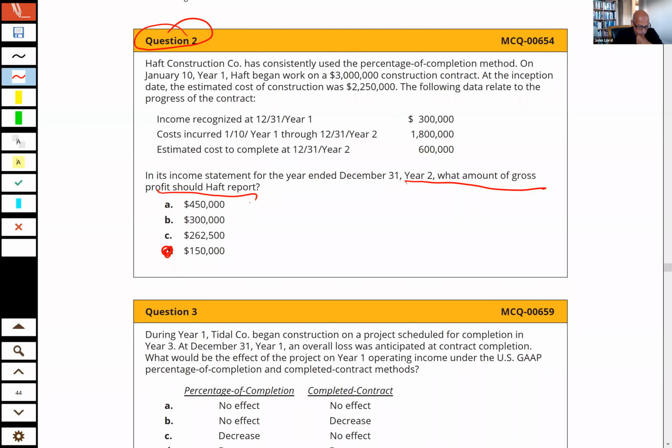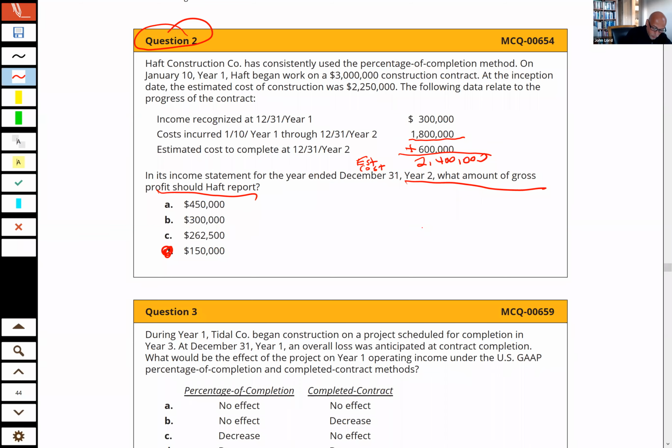My first job is to figure out how much work they've done, how far along they are. I know I have to have that percentage, so I look for it first. They've incurred cost to date of 1.8 million, and the cost to complete is 600,000. So the estimated total cost on the contract at the end of year 2 is 2,400,000.